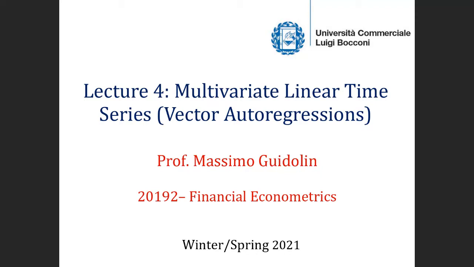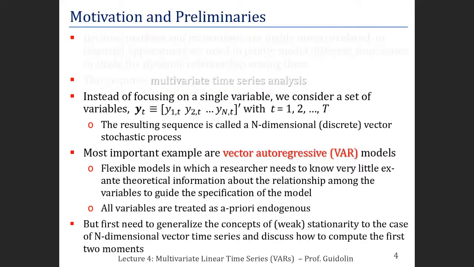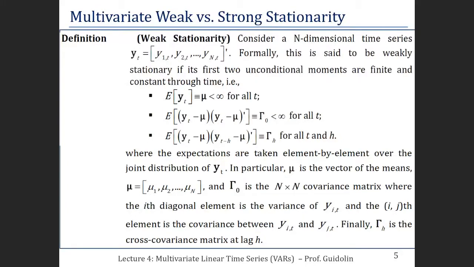Now we switch to analyzing the properties of some vector y_t, bold-faced, which collects many different time series jointly modeled. And the number of time series is equal to capital N. So this is the size of the vector that we are going to model.